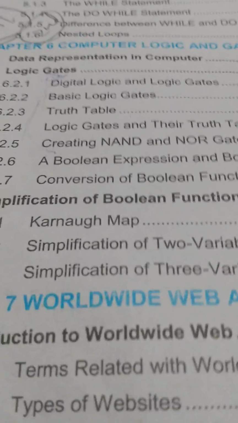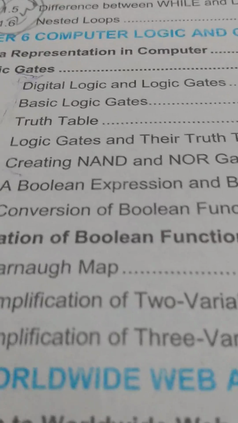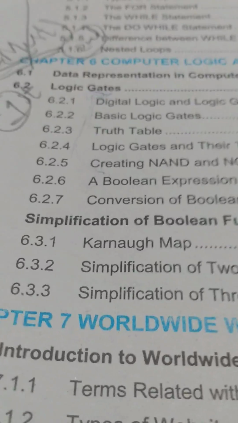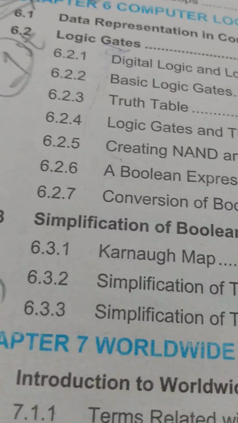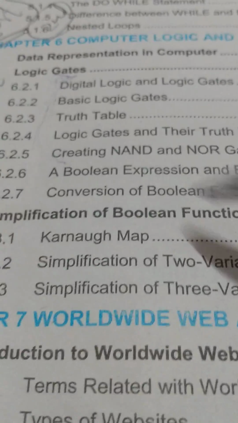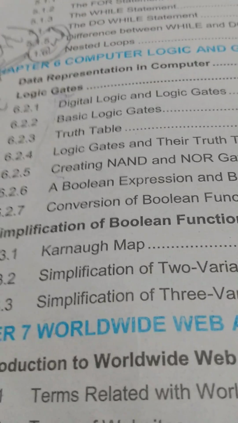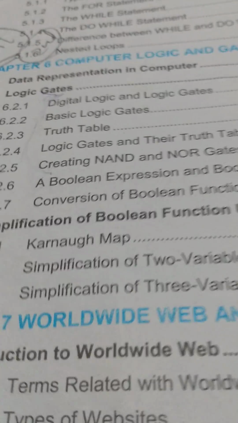I would be telling you what a Karnaugh map is, and giving you an overview of the Karnaugh map in my upcoming videos, and I would be covering all these SLOs and exam specifications and chapters in my upcoming videos, so that you would excel in your board examination.